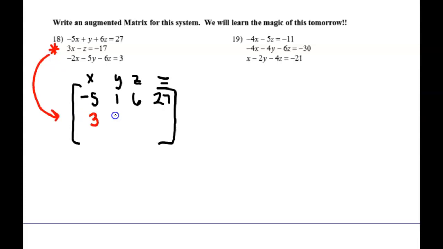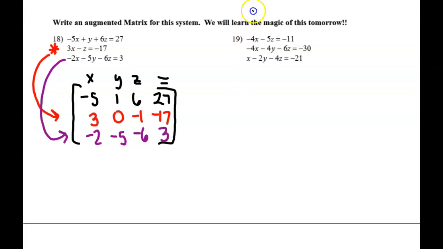Yeah, perfect. 3, there's no y's, negative 1z, and a negative 17. Everybody going to be okay with that? Once you get the hang of this, you're just going to love this stuff. It's going to be the easiest questions on the quiz or the final. And then this last one did have all of them, right? It had a negative 2, a negative 5, a negative 6, and a 3.